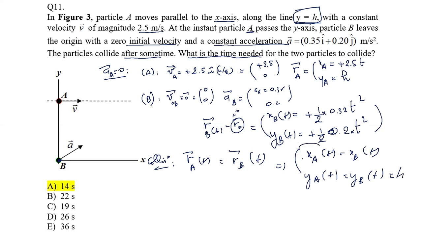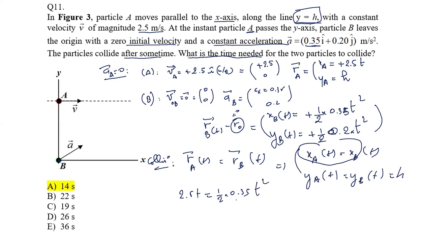Now I will just use this one. So basically I have to solve this equation: 2.5 t is equal to half of 0.35 t squared. Here you see I put 32, of course it's 35 because the problem is saying 0.35.